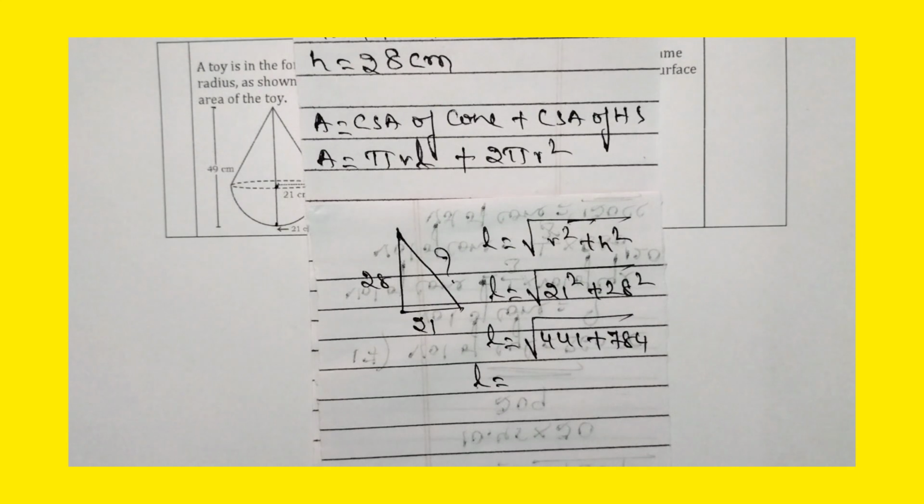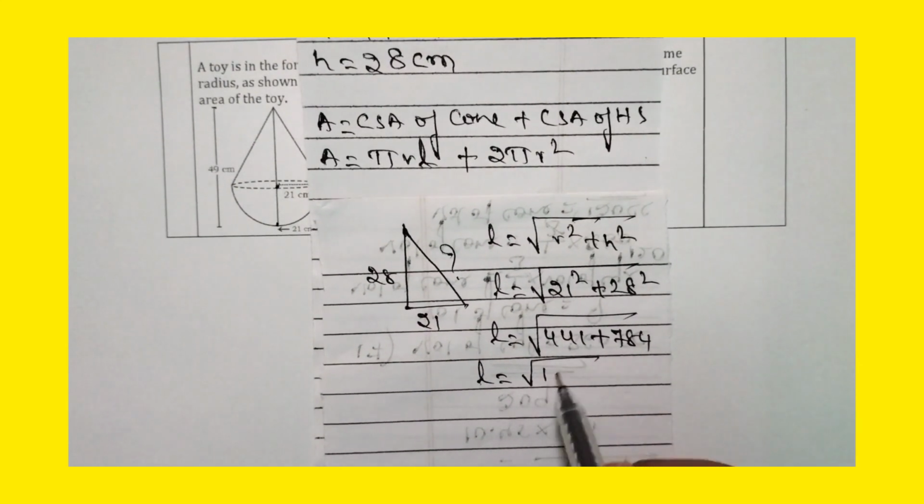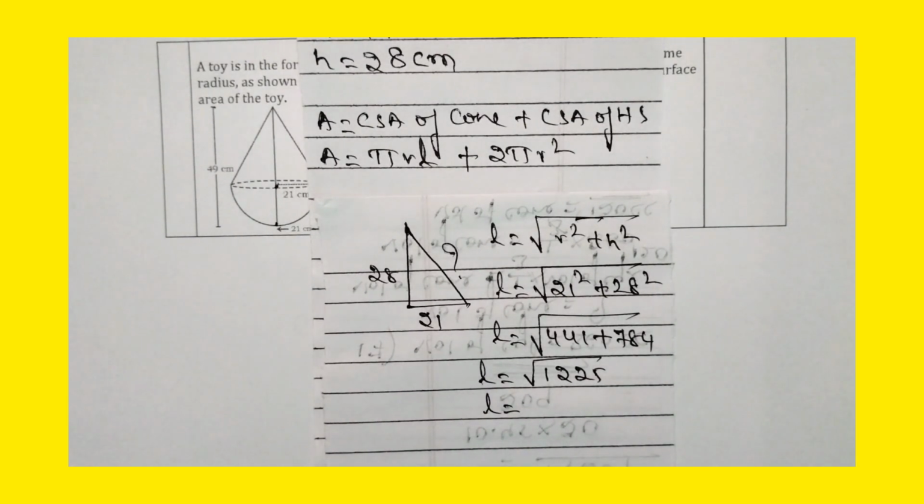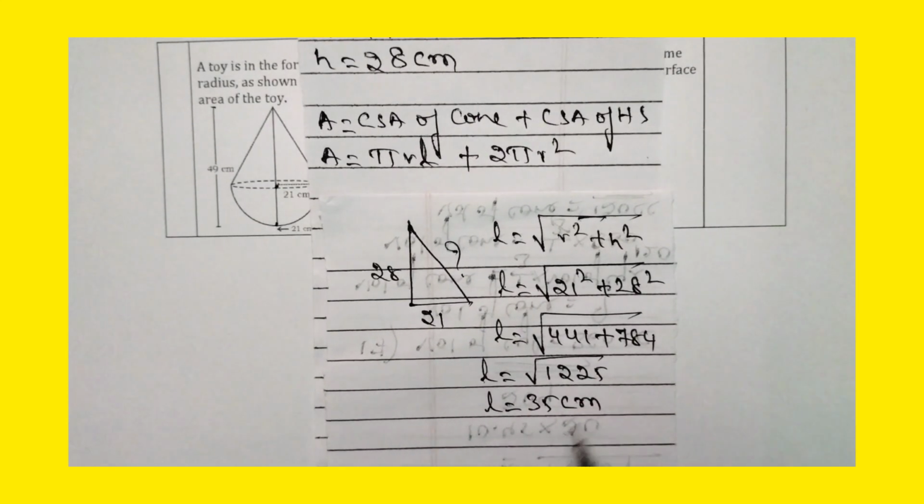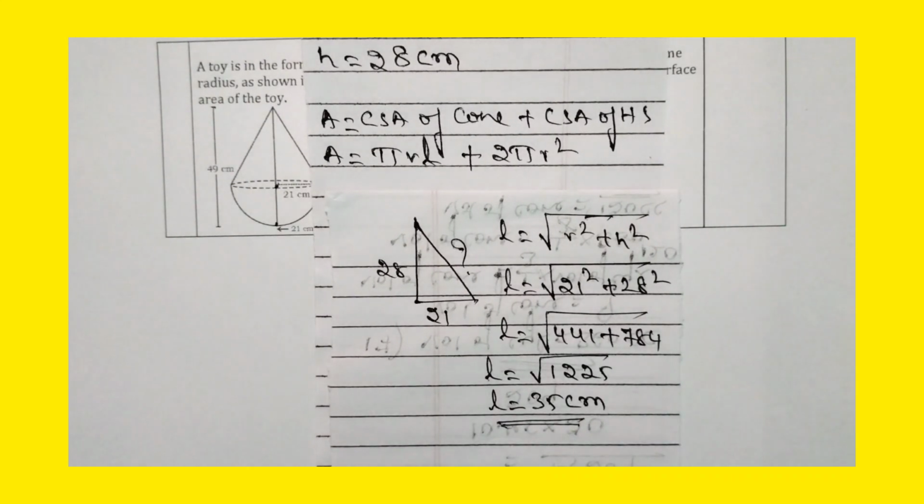So the slant height is equal to, for 784 you have to add 441. It will be equal to the square root of 1225. So now let us find out the square root of 1225. It is equal to 35 centimeter. So the slant height is 35 centimeter.